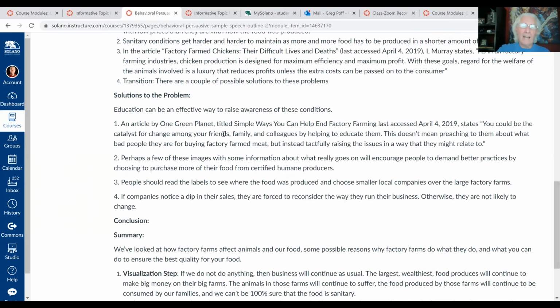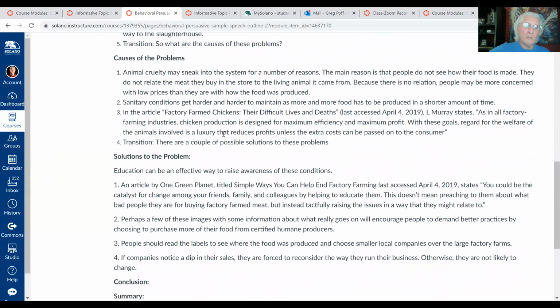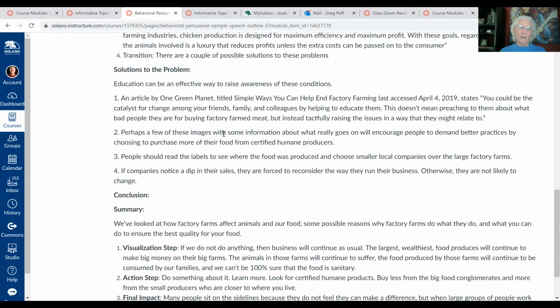And what I mean by that, since your classmates will be your audience, essentially, what are you advocating that we do? What kind of action should we take to be able to fight against and hopefully solve or at least diminish the effects of the problem? So behavioral persuasive speech, three main points: effects of the problem, causes of the problem, and solutions to the problem.